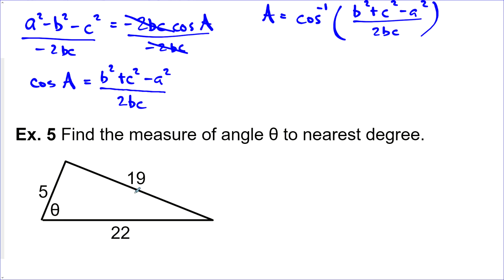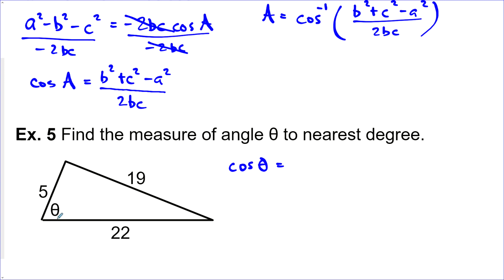Let's try that with example 5. We have all 3 sides, and now we're just missing the angle. So we can say that cos theta is equal to, remember if this is our A here, then our A is being subtracted, and you can see that it's unique. These two are positive and this is negative, and it goes with this. And then these two are on the bottom, and that's not opposite that one. Okay, so it's not hard to remember.